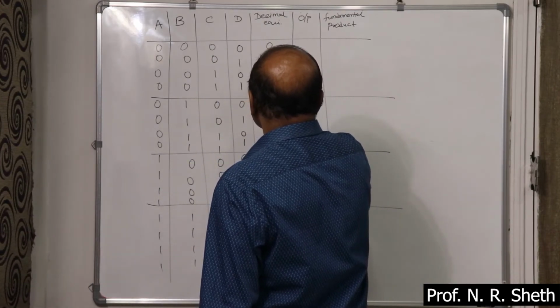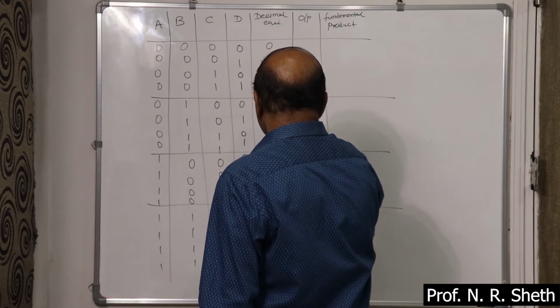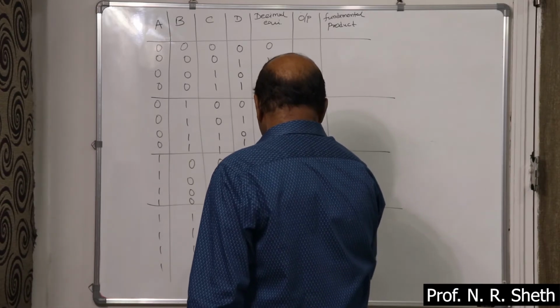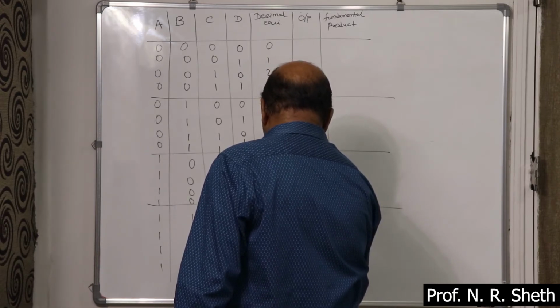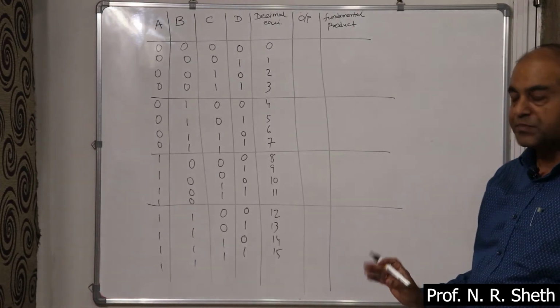Zero, 1, 2, 3, 4, 5, 6, 7, 8, 9, 10, 11, 12, 13, 14, 15. So this part is the same.